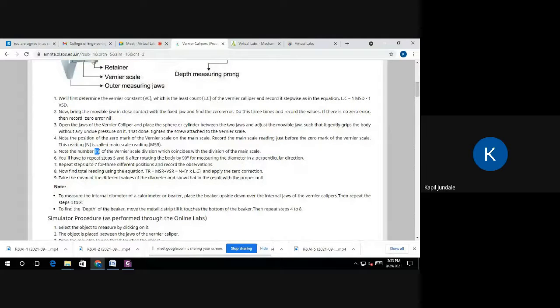Repeat steps 5 and 6, rotating the body by 90 degrees for measuring the diameter in a perpendicular direction.